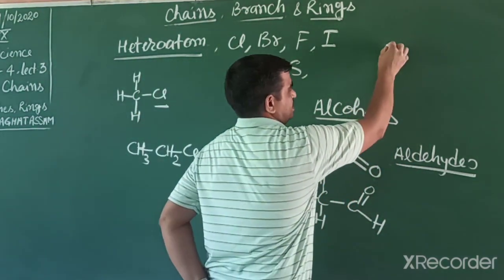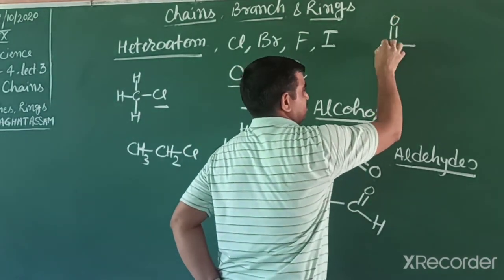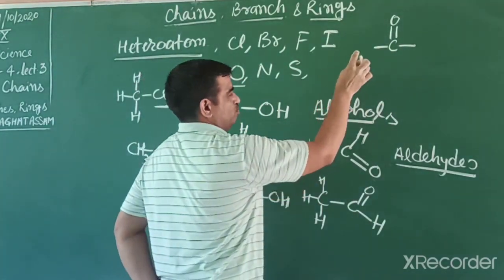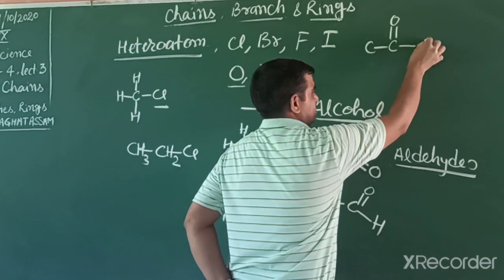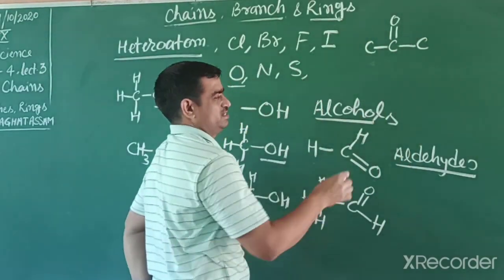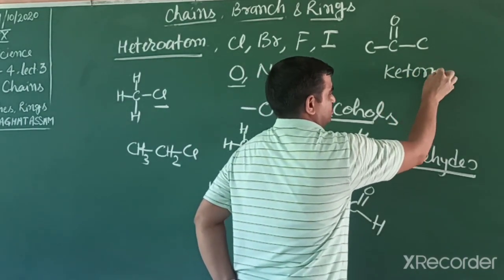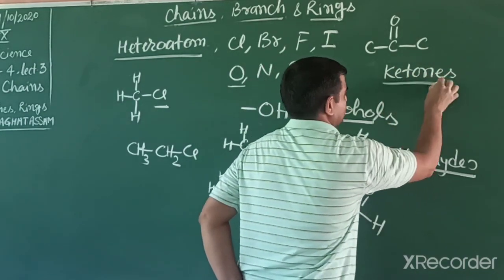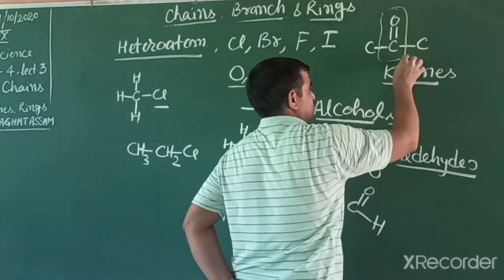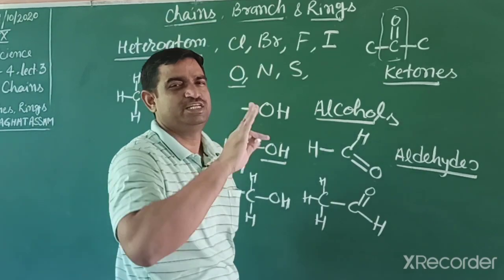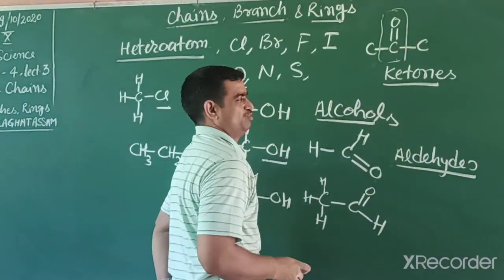If oxygen is attached in this way, with at least 1 carbon needed on both sides, then that compound is known as ketone. This is the main characteristic of ketones: a carbon attached with a double bond to oxygen and at least 1 carbon on both sides.